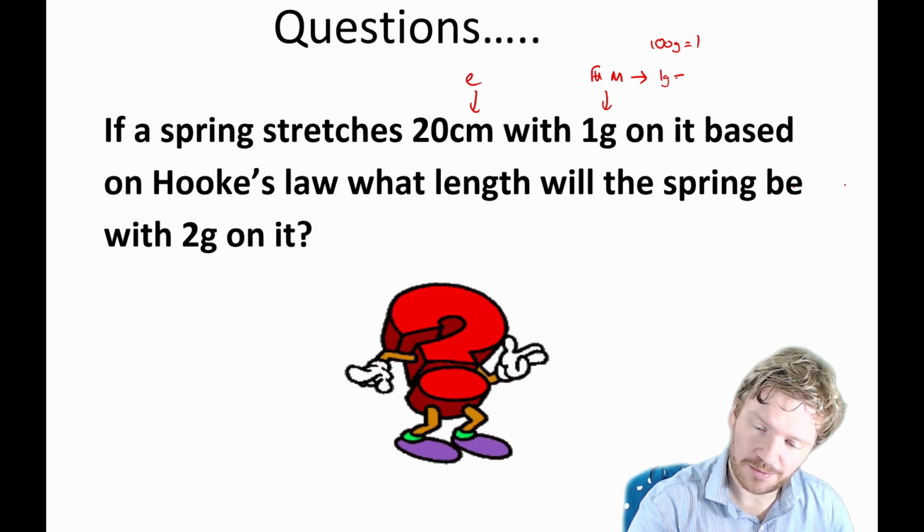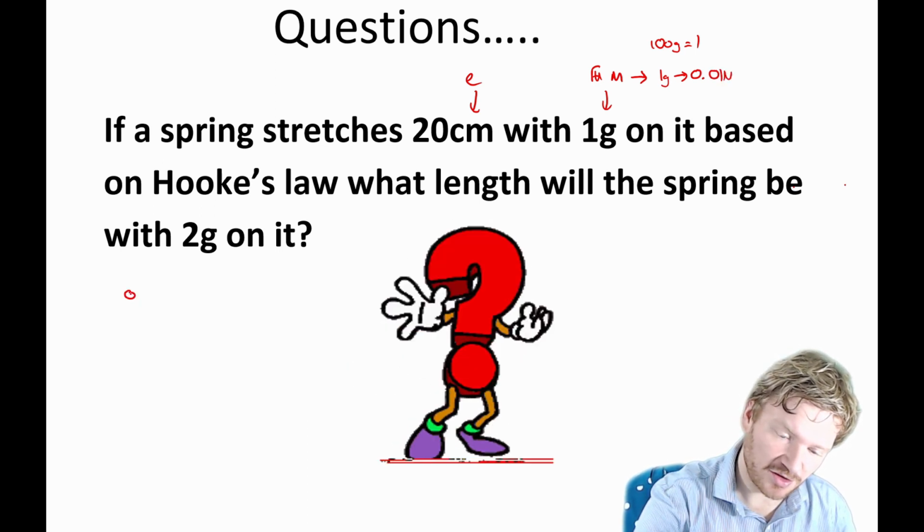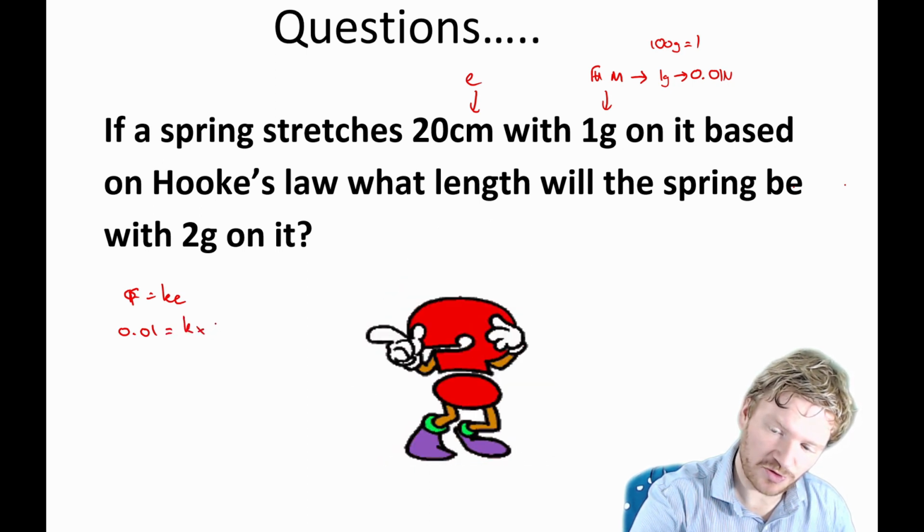So 1 gram will give me 0.01 newtons. So I can say that F is equal to K E. So 0.01 is equal to K times 20 centimeters, because I can leave it in centimeters, that's not a problem.